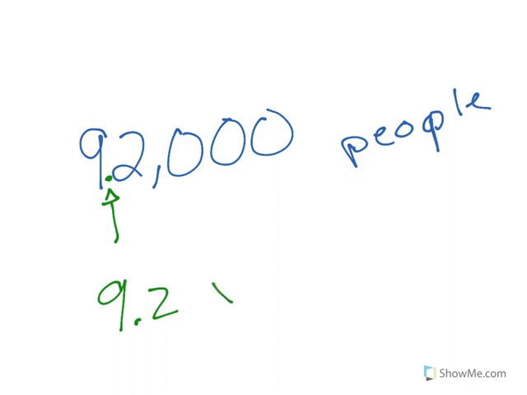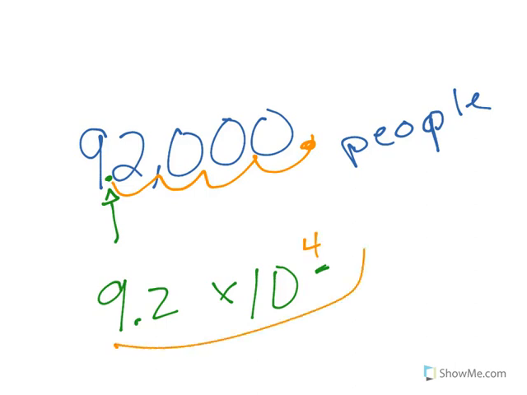So it's going to be 9.2, and there'd be 3 zeros after, but we don't have to put those in. And then it's going to be times 10 to what power? So let's look. The decimal was right here at the end. 1, 2, 3, 4. We moved it 4 places, so it's going to be times 10 to the fourth. So our answer is 9.2 times 10 to the fourth.